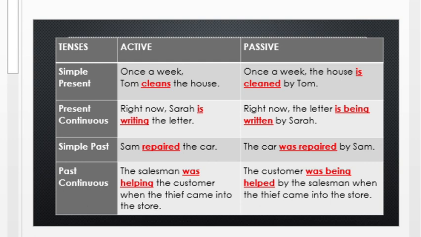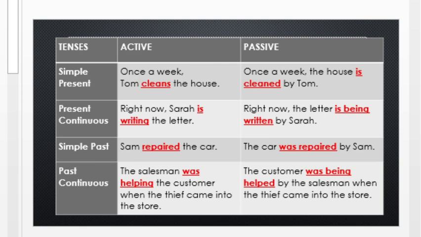Meanwhile, for past continuous tense, for active, it is almost similar to present continuous. It's just that it happens in the past, so we cannot use is or are. So it would be was or were plus ing. Okay? As the example showed us, the salesman was helping the customer when the thief came into the store.